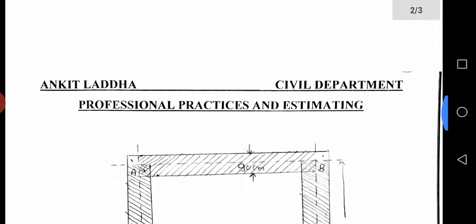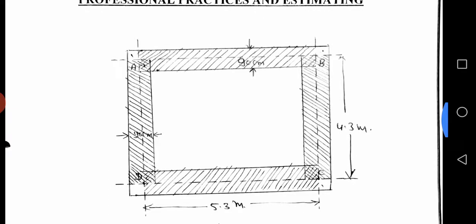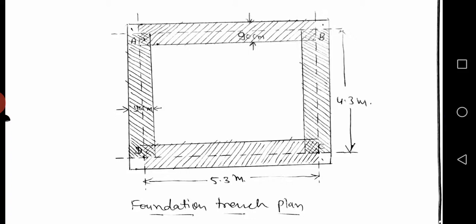So in the solution of this one room building estimate, first we draw a foundation trench plan. This is basically similar to the plan, but in the plan the width is 30 centimeter, which is the superstructure wall width, but in foundation the thickness of all long walls and short walls is 90 centimeter, because this is the foundation trench plan.